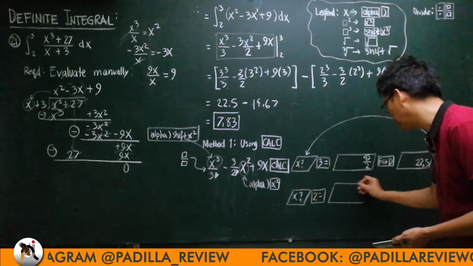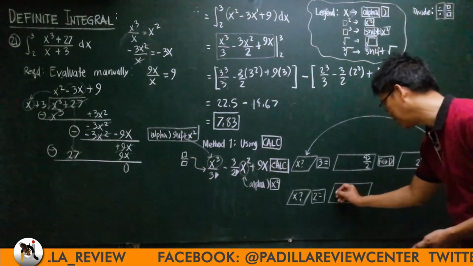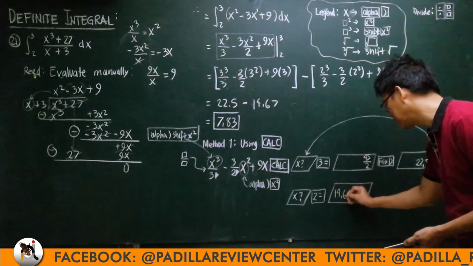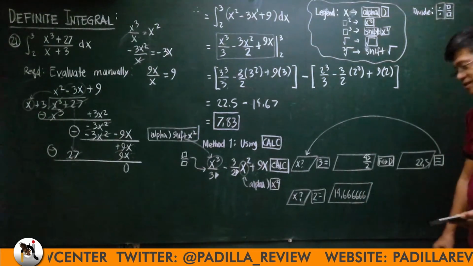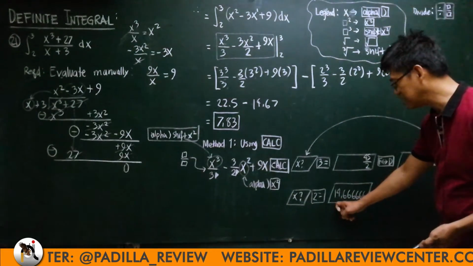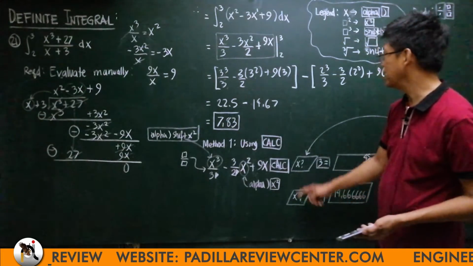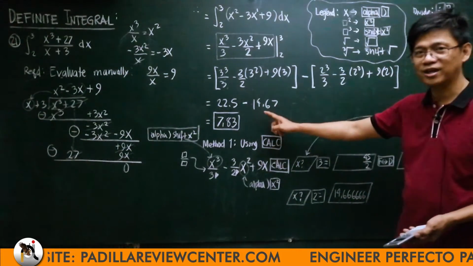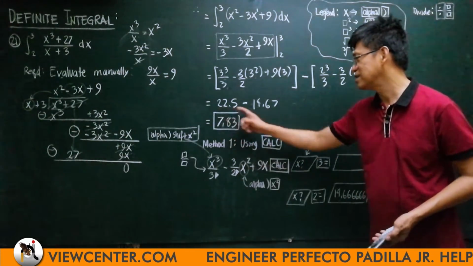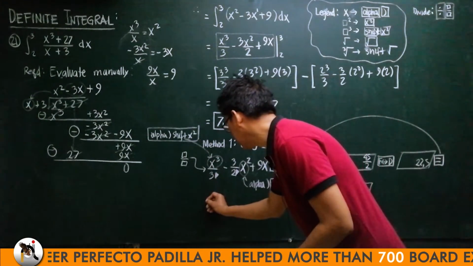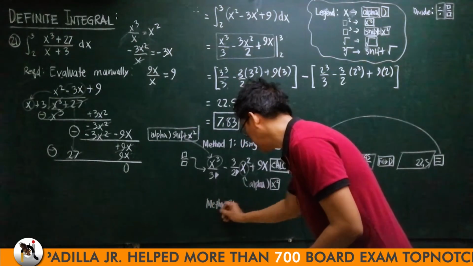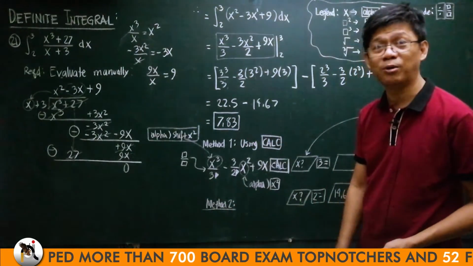Your calculator will display 14.666666, the last is 7. Okay? Do you follow? This is the function of x with x equals 2. You get it? Then you just subtract this minus this. You get it? So, the other method, method 2, is using mode table.